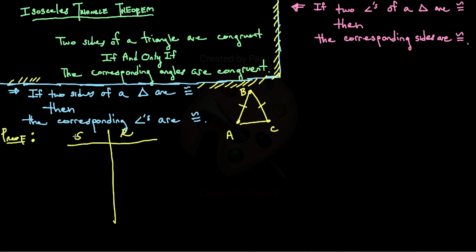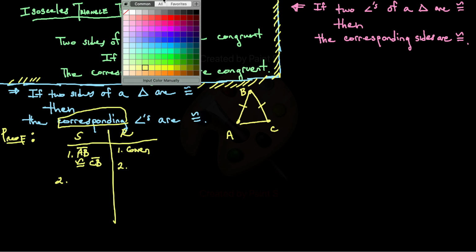So we have here statements, reasons. We're going to start with one, just being that I know these two sides are congruent: AB is congruent to CB. That's just what's given. Now, what does this word corresponding mean? I want to prove that the corresponding angles are congruent.